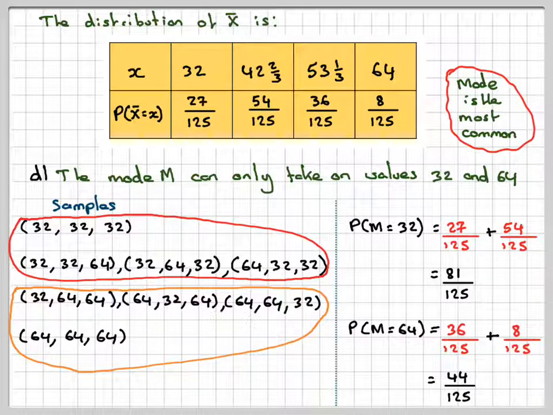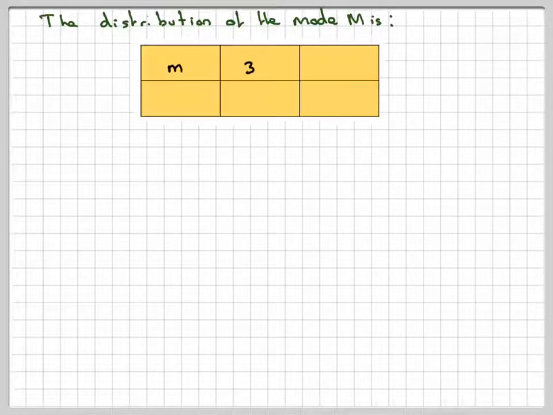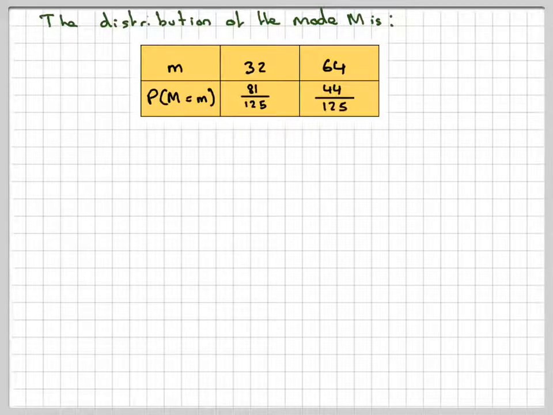Again, check you get 1 when you add these 2 together. So the distribution of the mode m is going to be m: 32, 64. Probability m is equal to m will be those 2 probabilities, 81 over 125 and 44 over 125.